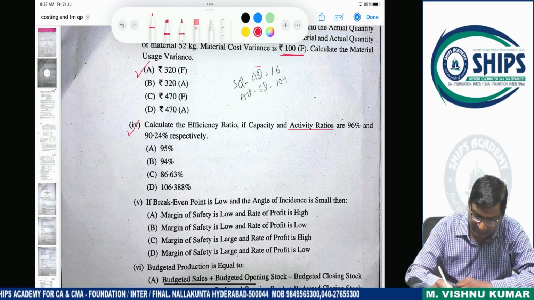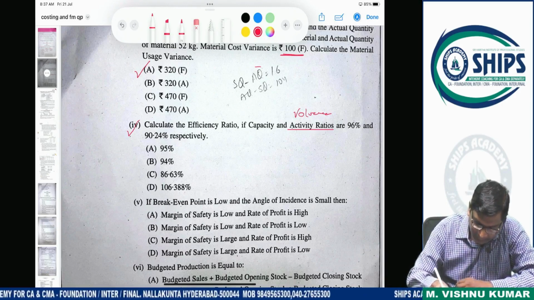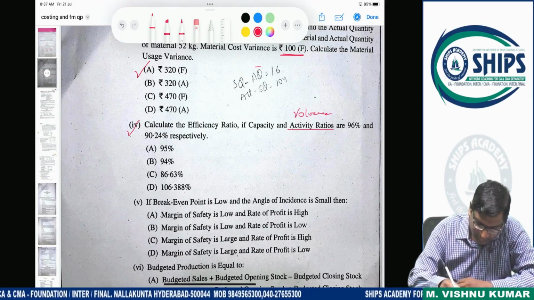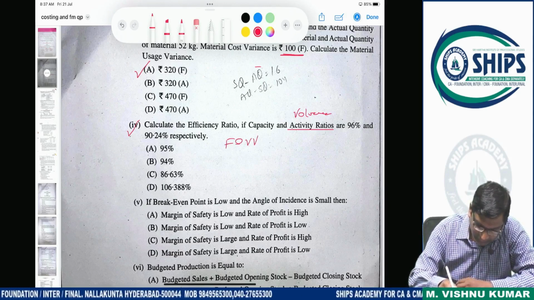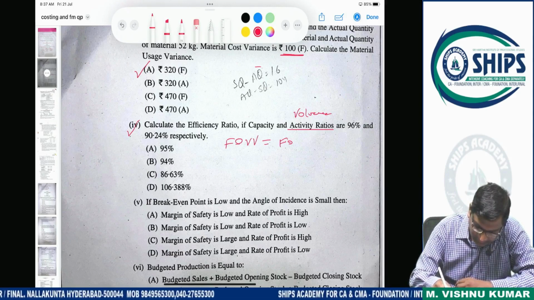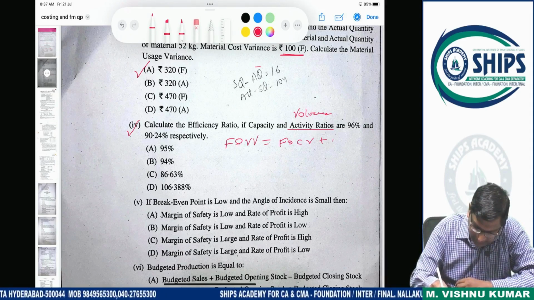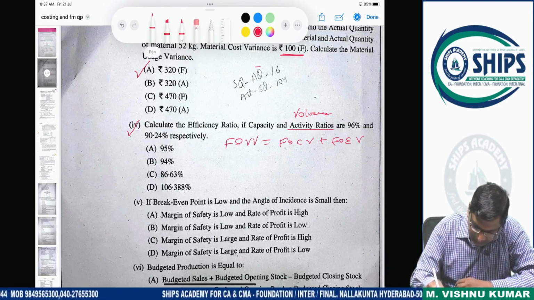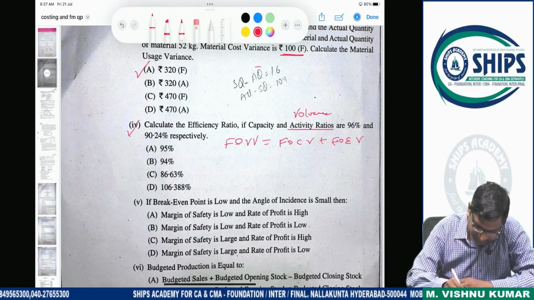So this is volume. In overhead variances, you know that fixed overhead volume variance will be equal to fixed overhead efficiency variance plus fixed overhead capacity variance. They have already given the capacity ratio, and we have to calculate the efficiency ratio.